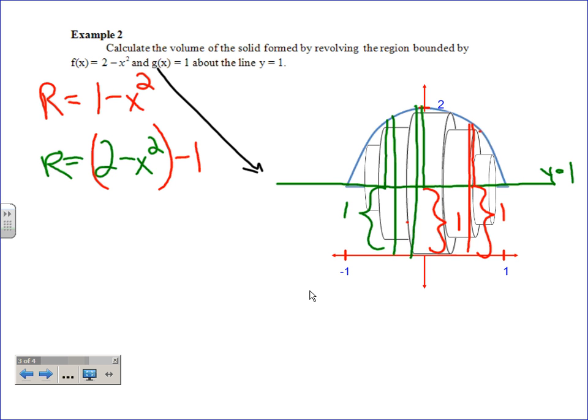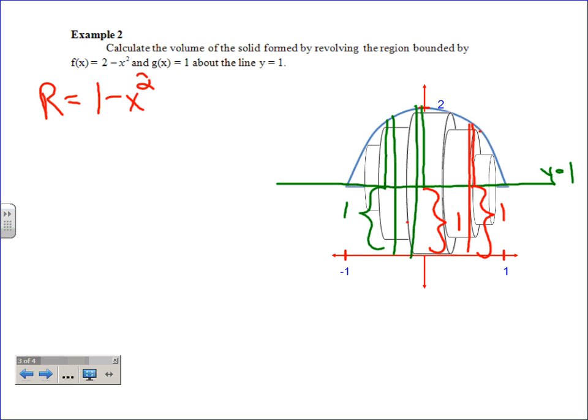Okay, so that's your radius. Again, that's the hardest question to answer, because now pi's out front. From where to where is another trick question sometimes. Negative 1 to 1, very good, because we're right here and right there.